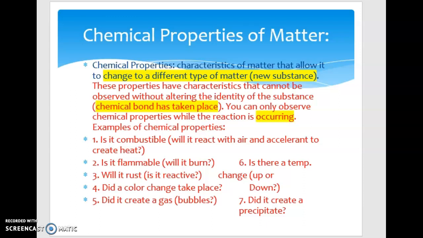For example, look at number 1. Is it combustible? Will it react with air and an accelerant to create heat? This is something that you don't actually know is a chemical property of a substance until it actually happens. And just in trying to think of something that may not combust, typically humans don't combust.